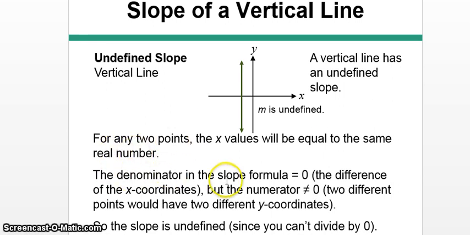The denominator in the slope formula equal to 0, the difference of the x coordinates, but the numerator is not equal to 0. The two different points would have two different y coordinates. So the slope is undefined since we cannot divide by 0.